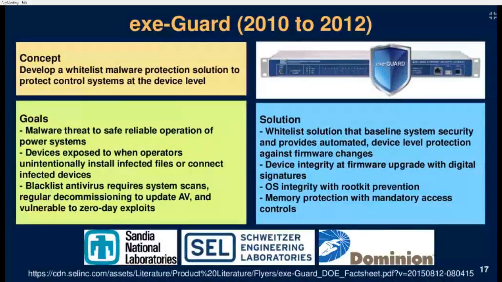But again, this is unlike an antivirus because we know exactly what's going to be happening on that device. It's very difficult on a Windows system or the workstation that you're on right now, because you would have to open up all the processes in the same exact order every time for them to be using that same memory every time. But on a relay or an RTAC or a PLC, that type of device, you'd instantly be able to start those processes in the proper order and do this.